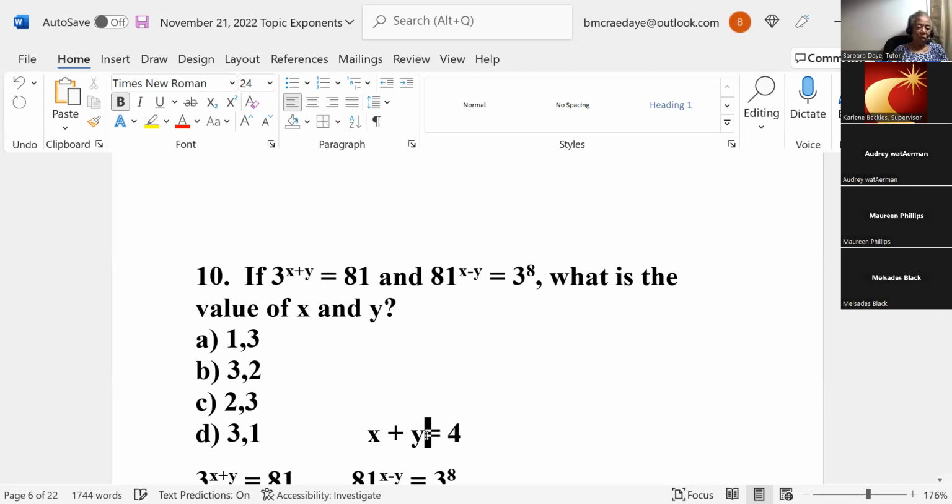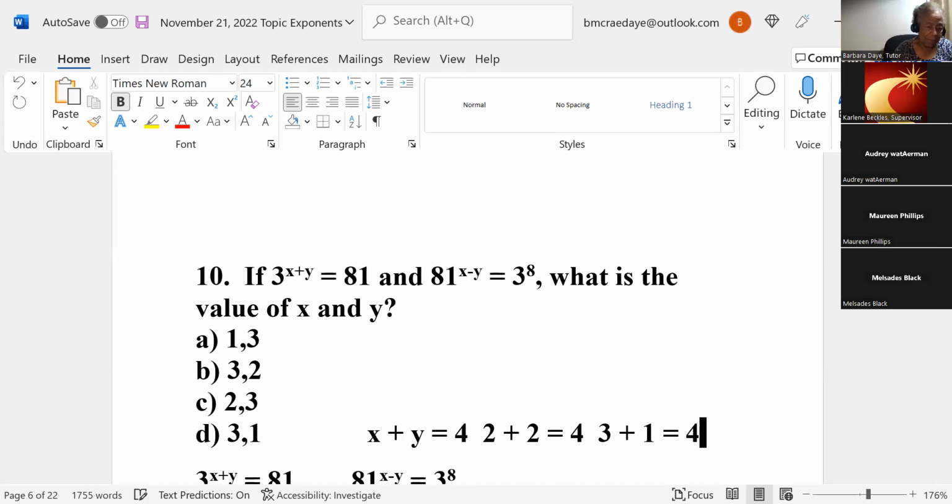Now you had two choices. You said 2 plus 2 is 4 and 3 plus 1 is 4. So now you ask yourself, is it 2 plus 2 equal 4? So is it 2 and 2? Or is it 3 and 1 plus 1 equal 4? And I'm telling you how you can eliminate the 2's.